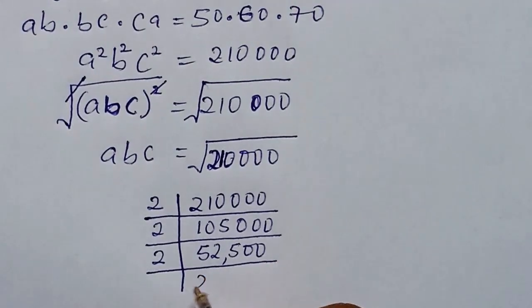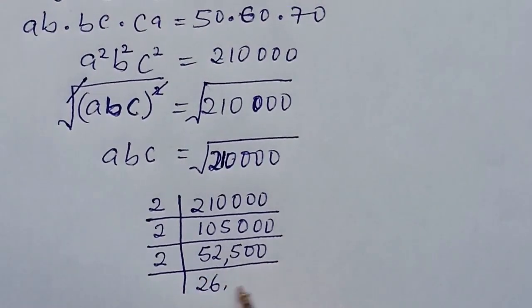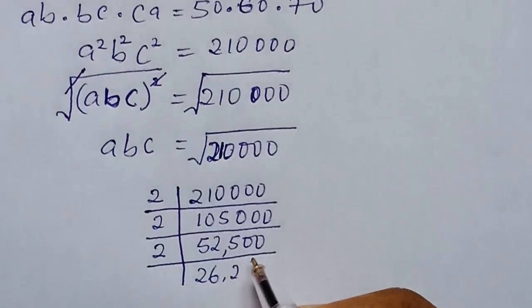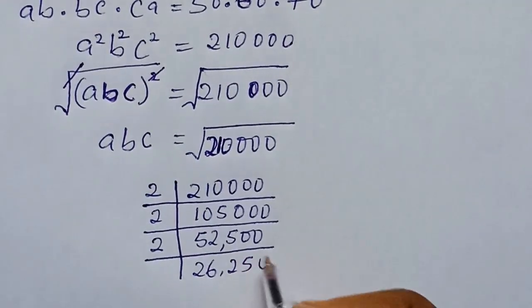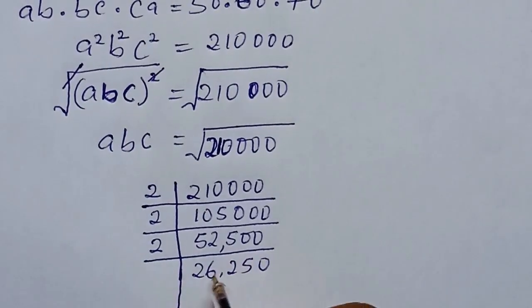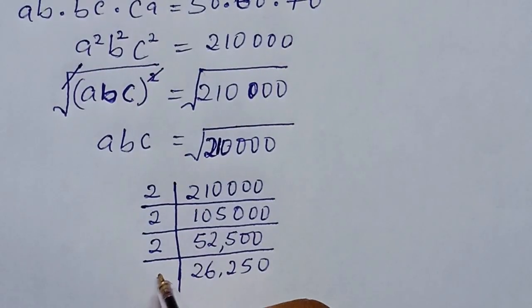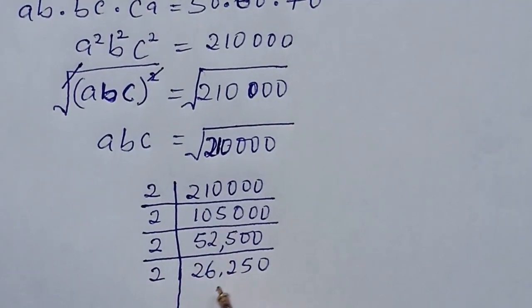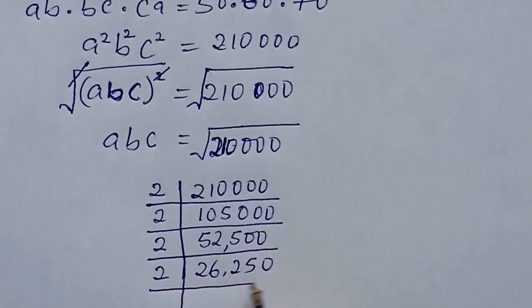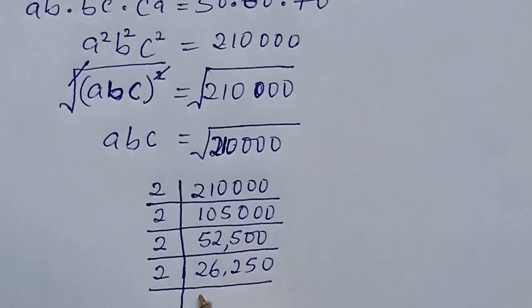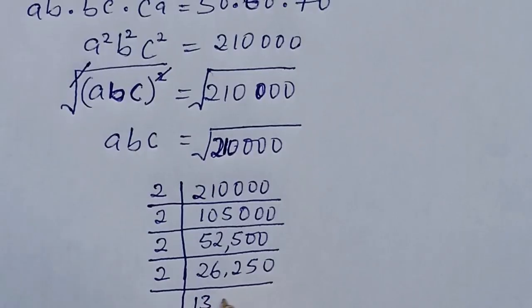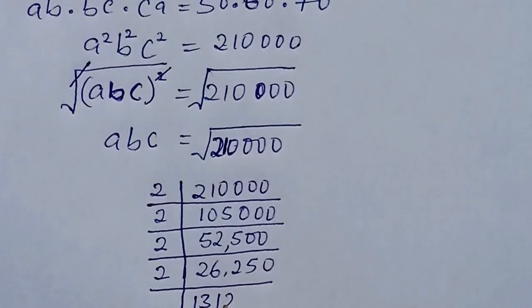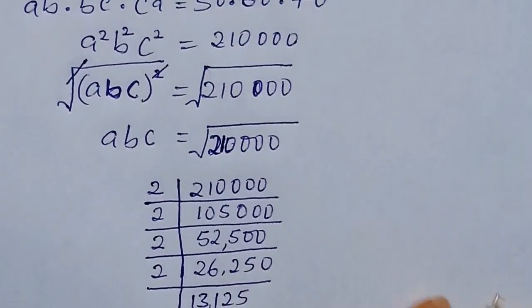I will have 26,250. If I divide it by 2 again, I'm going to get 13,125.